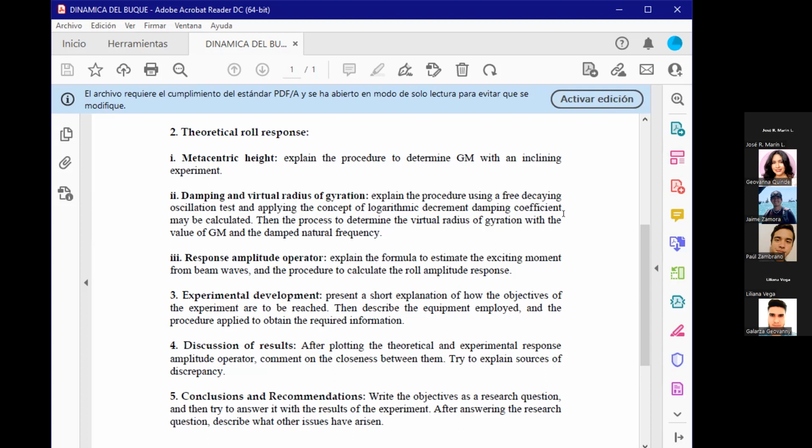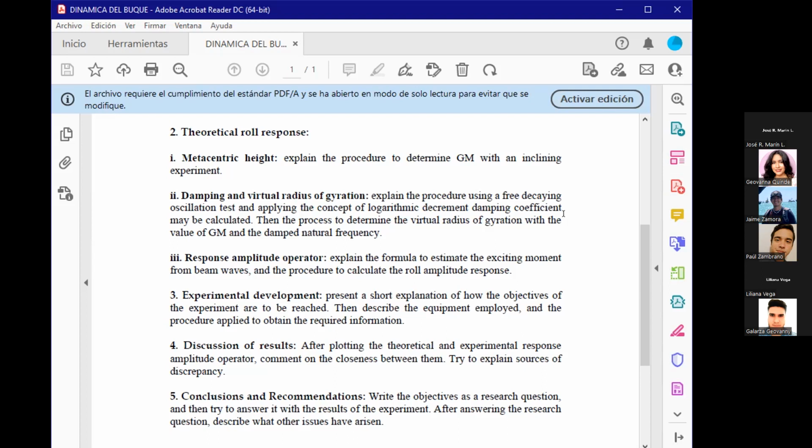The third part, go on, please. Experimental development. Present a short explanation of how the objectives of the experiment are to be reached. Please describe, this is not the procedure. This is just how you are going to reach the objectives. Then go on. Then describe the equipment employed and the procedure applied to obtain the required information.